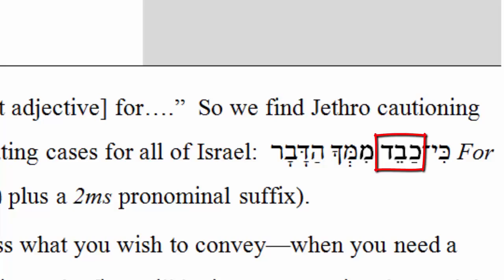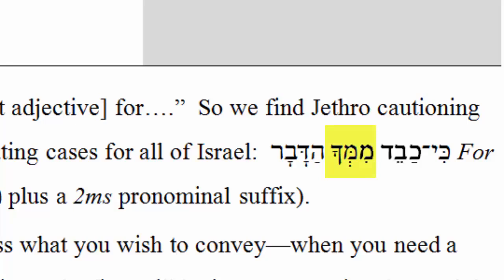We have the adjective kaved, heavy, followed by the preposition min, and it is combined with a pronominal suffix you, cha, second masculine singular. A brief comment may be in order concerning the word mimcha.